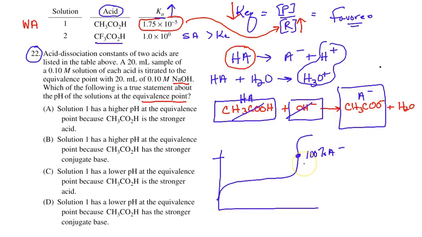Okay, now why would the pH not be at 7? Well, it's not going to be at 7 at the equivalence point because we have a remaining conjugate base that can ionize water. If this is a weak acid, it produces a stronger conjugate base. How do I know that? Well, I know that because if I know the Ka is high, now it's not really that high, it's low, but I'm just giving you an understanding of this.